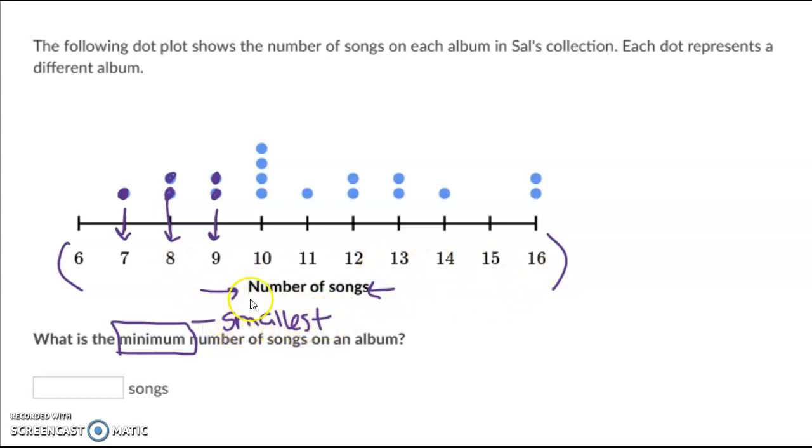So when we come to number of songs, although you see a 6 here, there are no albums with 6 songs on it. But the number 7 right here, there is an album with 7 songs. So that's why the minimum number of songs here would be 7, not 6, because there are no albums with only 6. So again, I'm sorry for misreading that data at the very beginning of this.